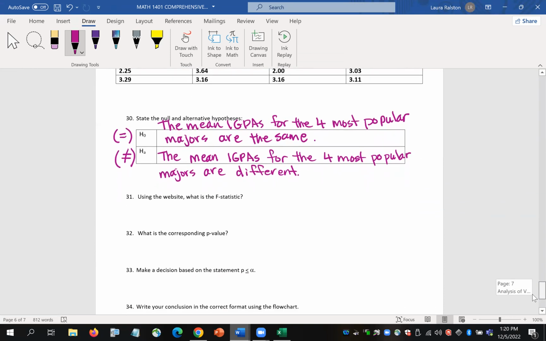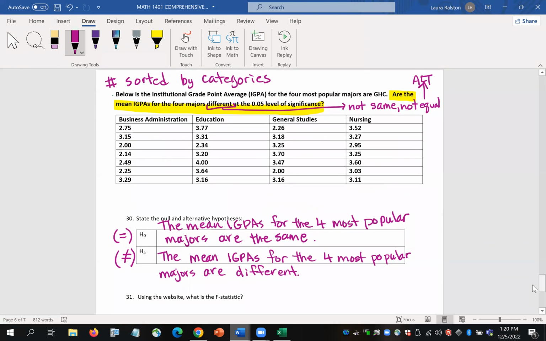Then we have to find the F-test statistic and the p-value, which Minitab does. Okay, so I've got to take this data and move it over to Minitab, which is going to take me a minute to do.